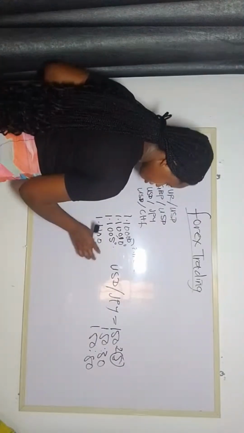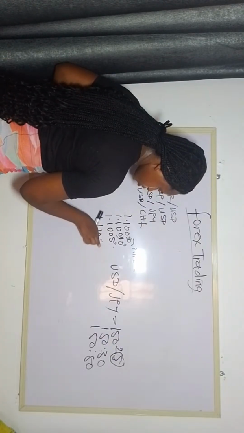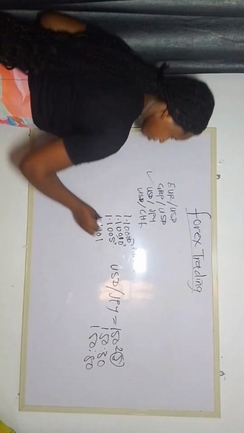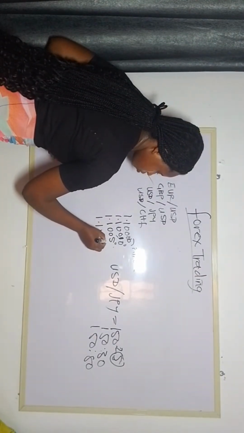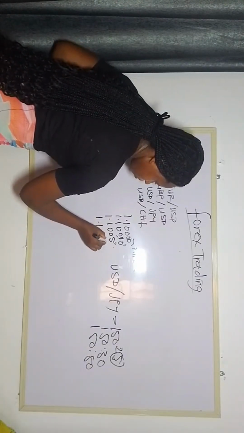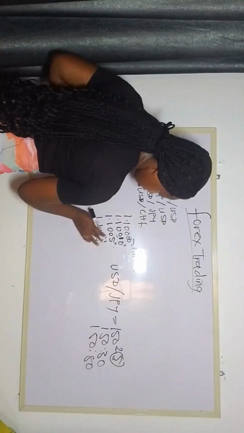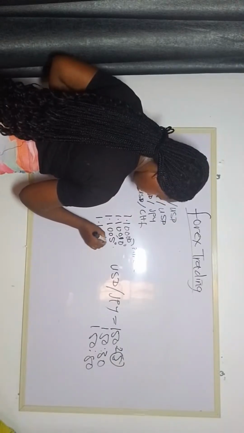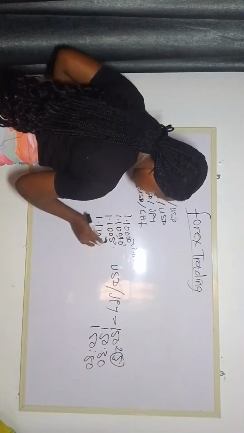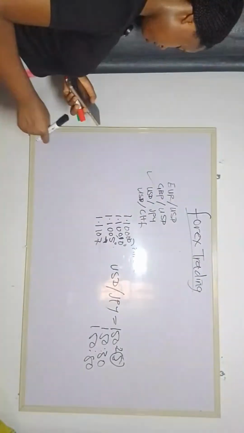So if it is 9, then when it reaches 10, it enters 1 pip. I don't know if you're getting me. Then we start counting again, 1, 2. And if it starts to go down, like 1, 2 minus 9, minus 10, then this 8 is down to 7.